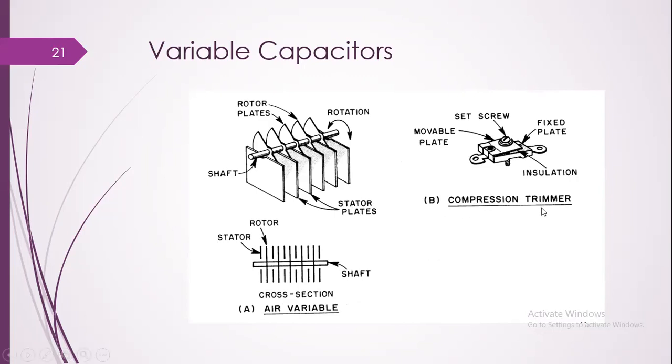The compression trimmer can also be understood with this concept: the moving plates have a set screw by which we can change the position of that particular set of plates. The fixed plate provides its charge to the opposite side, and the screw can adjust the plate position, so the capacitance can also be varied. Insulation also lies in between these plates.